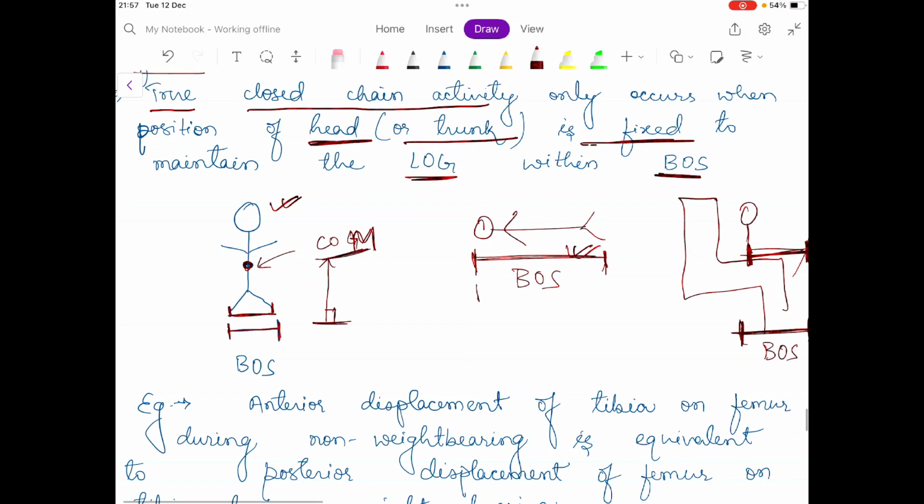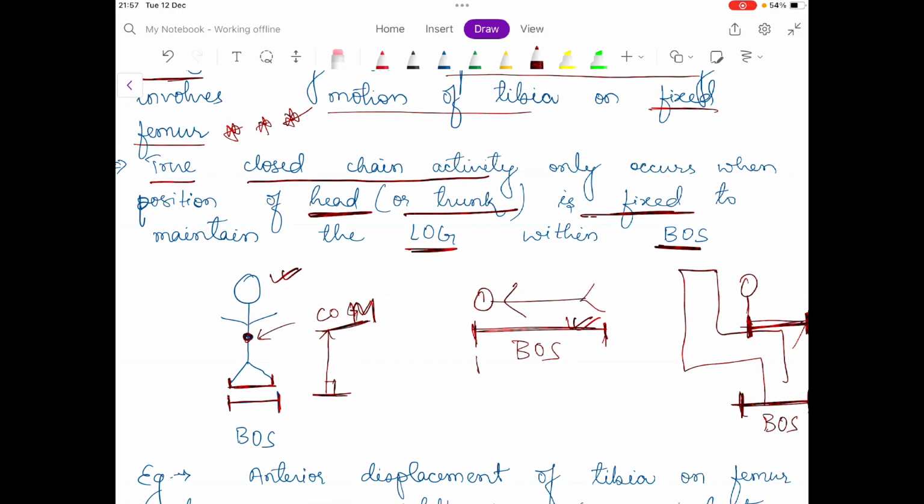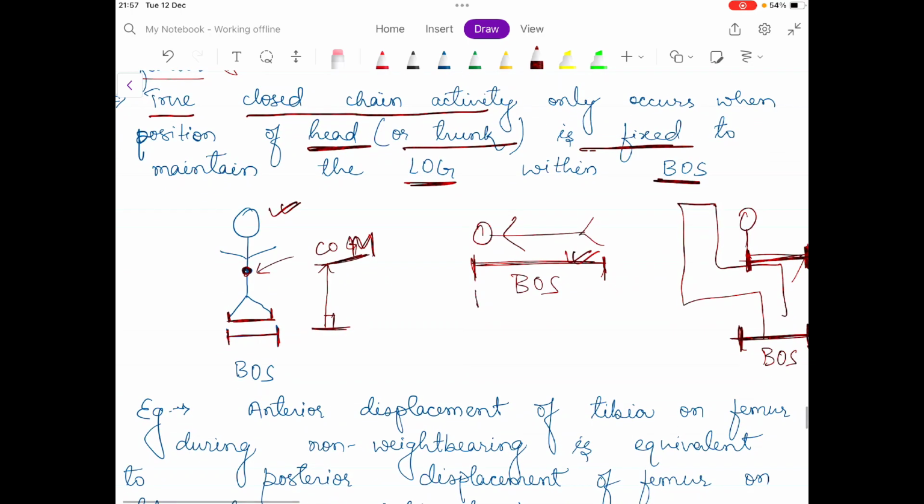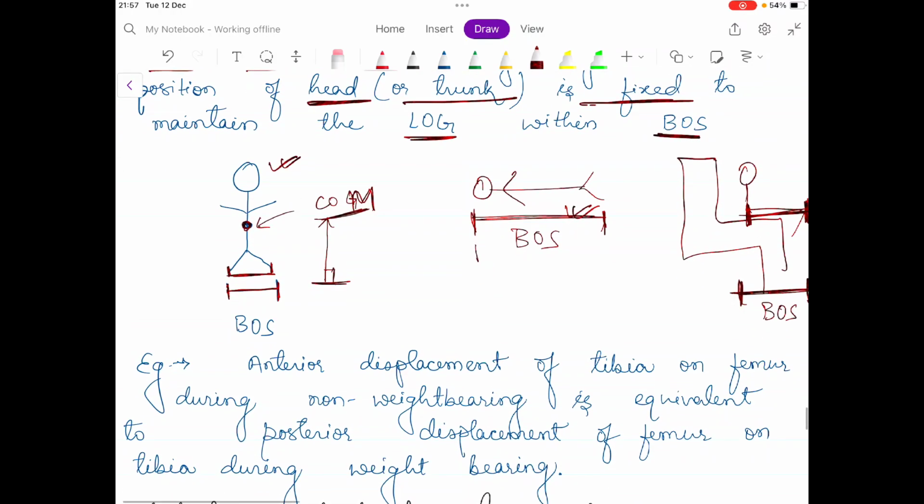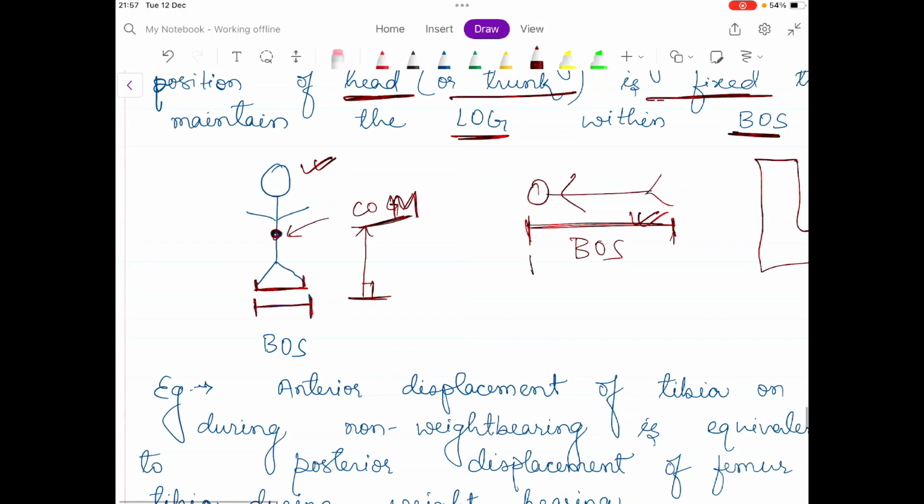Now what the line is saying is, basically the true closed chain activity can only occur when the position of the head is fixed. So let's say that the position of head is fixed. What is happening when the head is fixed and when it is not? We will talk about these two scenarios first. So when the position of the head is fixed, the center of mass will be here and base of support will be here.